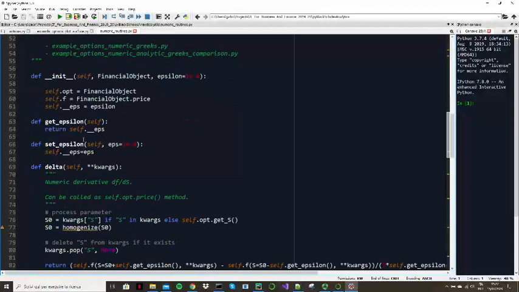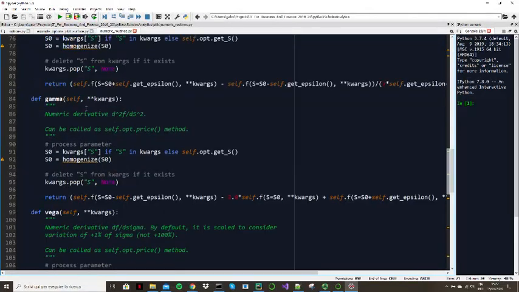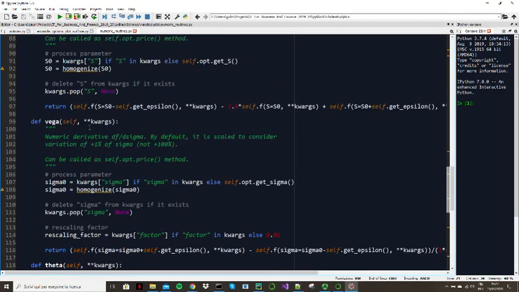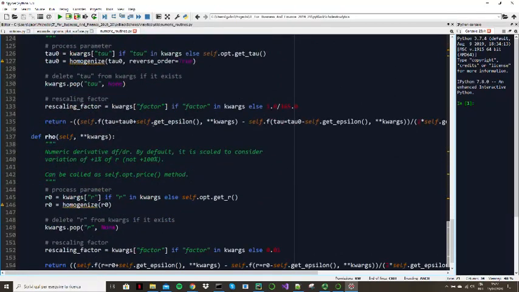It considers the delta, so the derivative with respect to the parameter S, the gamma, so the second order derivative with respect to S, we'll come back to this later, the vega, the theta, and the rho. Each of these is implemented according to the formula that you have seen before.